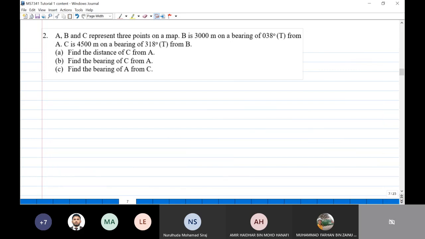Okay, so there are 3 points, A, B, C, on the map.